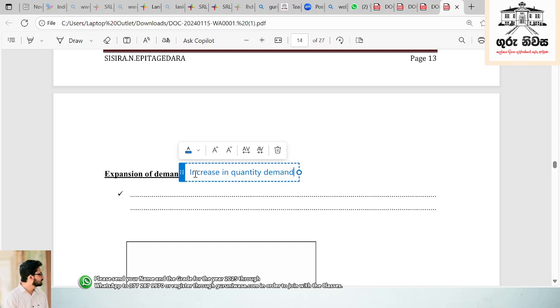Put a star mark and write down: remember, increase in quantity demanded is caused because of a decrease in price of the product. Look at the board. I'll explain that.